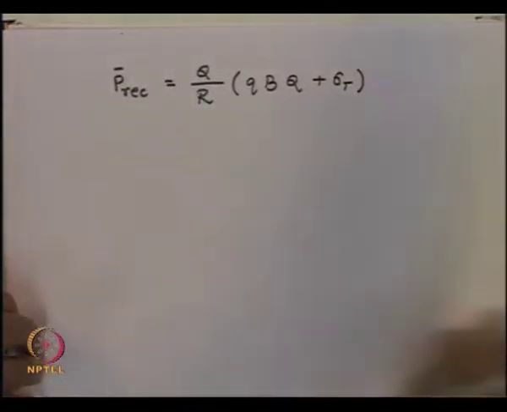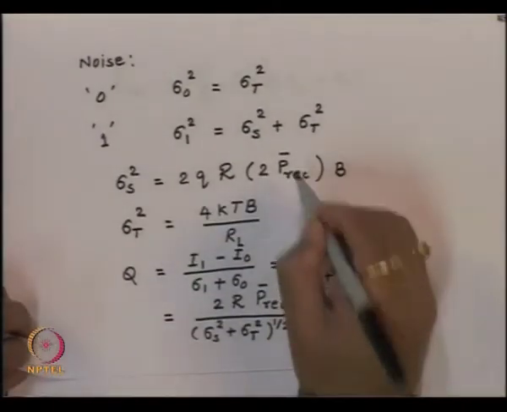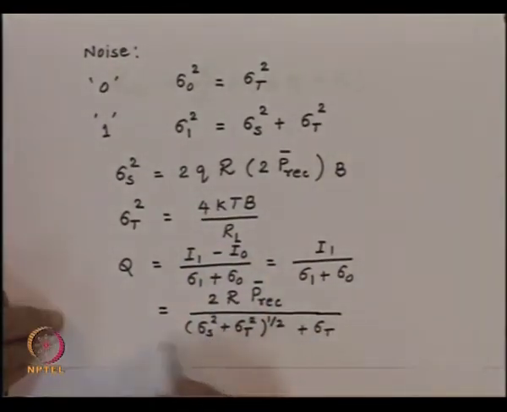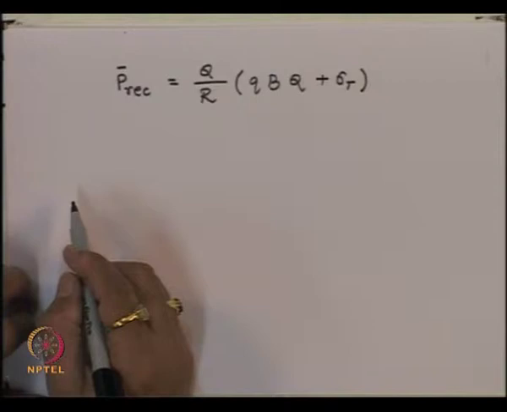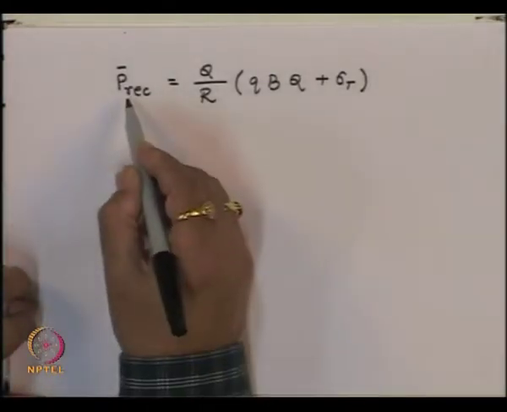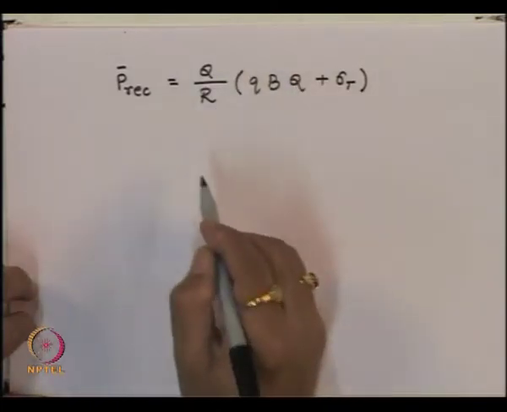Note here in this quantity sigma s square, we are already having a P received. So, essentially you have to solve for P received, and this is what we have done to get this quantity P received. So, now we are having the P received, which is expressed in terms of this parameter, which is Q.